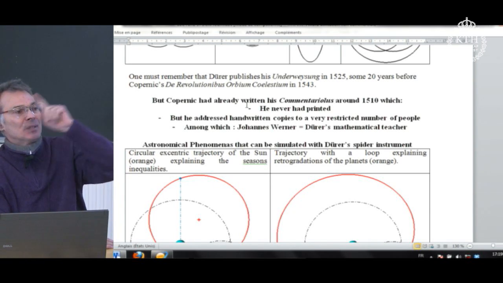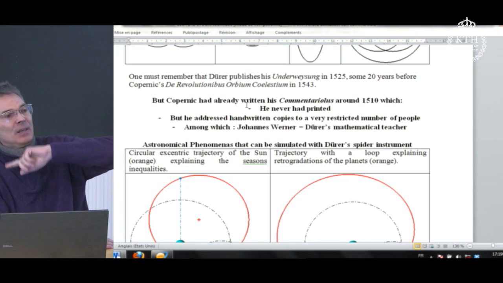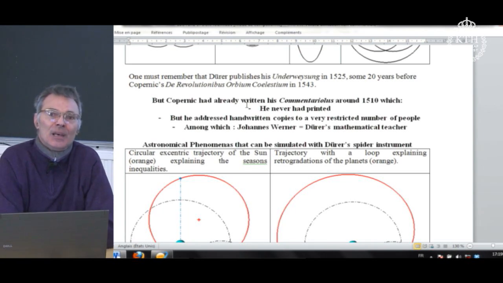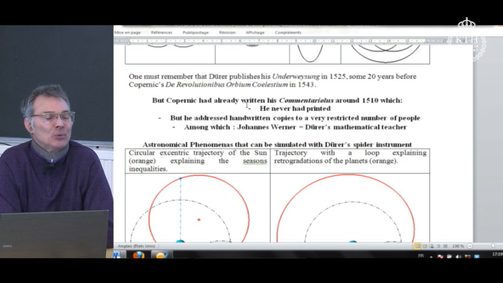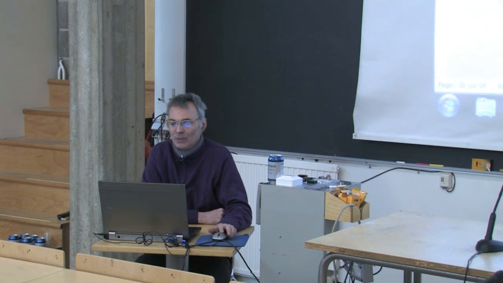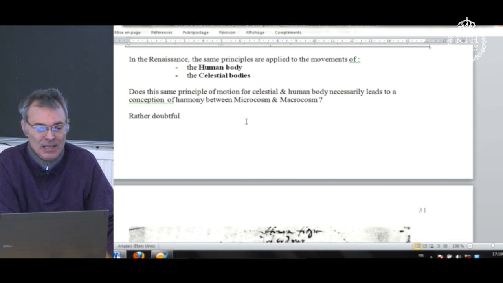They sometimes come back and then resume their course in their normal direction, due to the relative speed of the Earth compared to the speed of the various planets. So this is an apparent movement, but it is the movement that people were seeing at that time, and they were using this type of instrument in order to explain all of this.